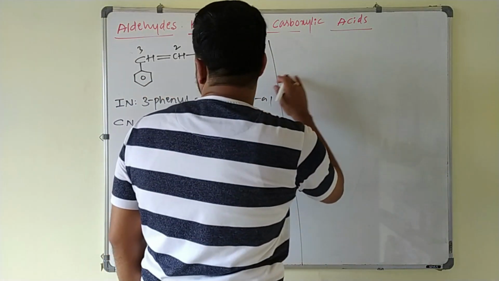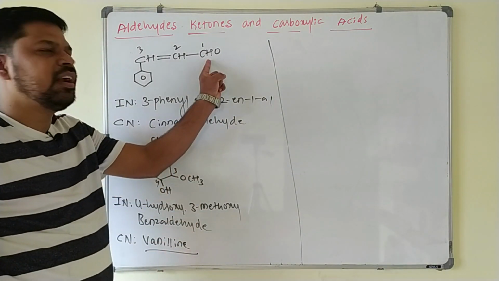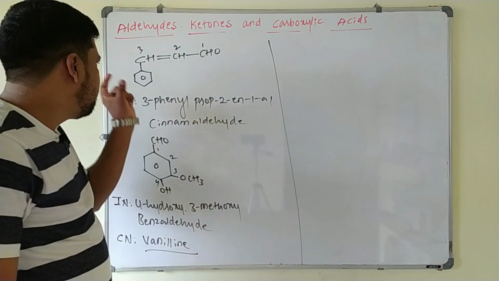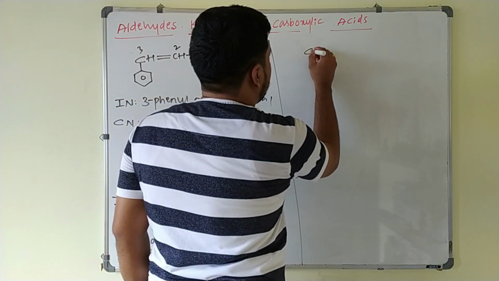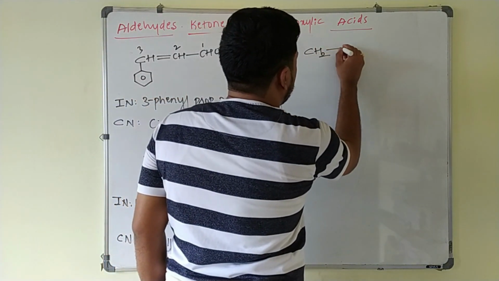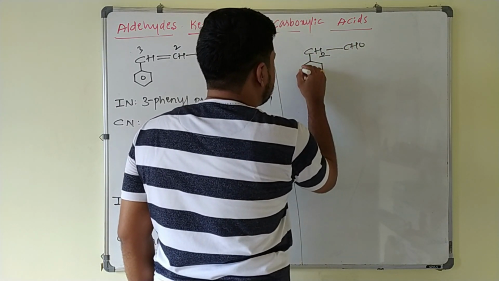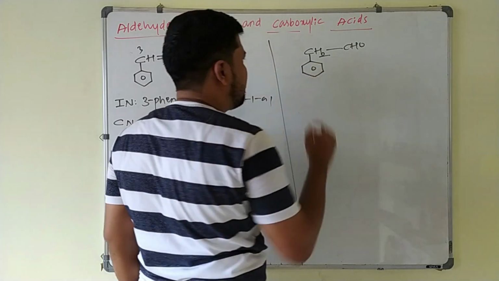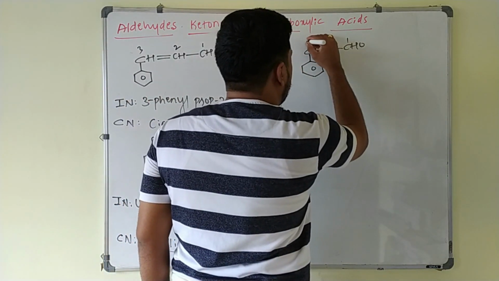Suppose this aldehyde group is present on the side chain. Already we know that whenever the aldehyde group is present on the side chain, the benzene ring is taken as a substituent here. Suppose I write this is CH2 CHO, and here I attach one benzene ring like this, then this benzene ring is taken as a substituent. Numbering must be done from the aldehyde carbon atom, 1, 2.